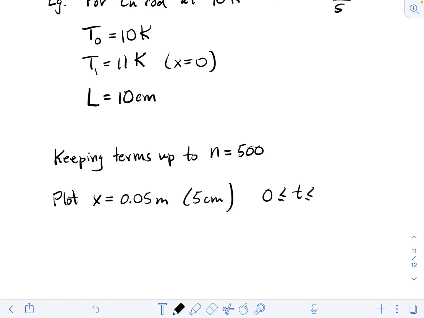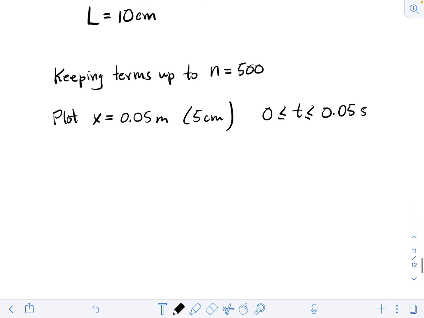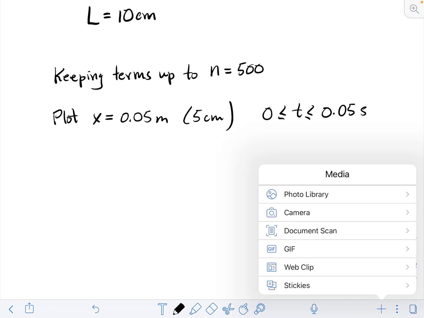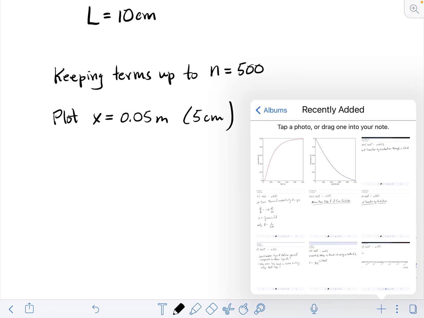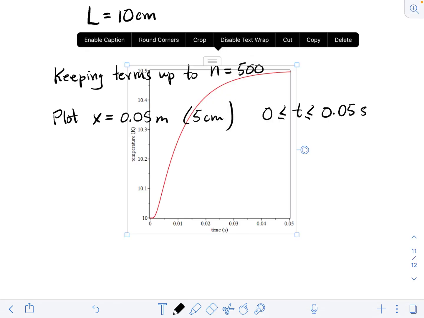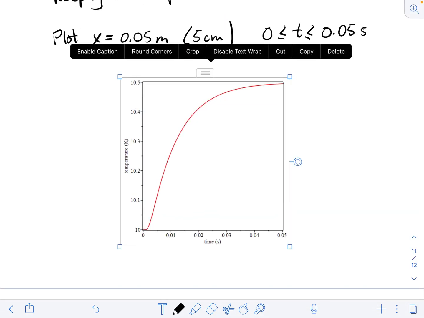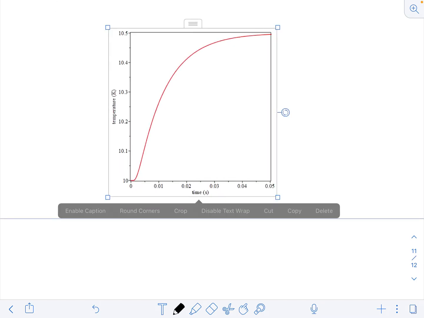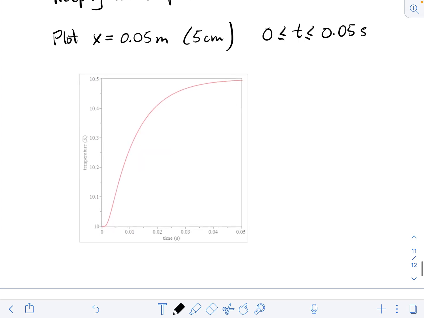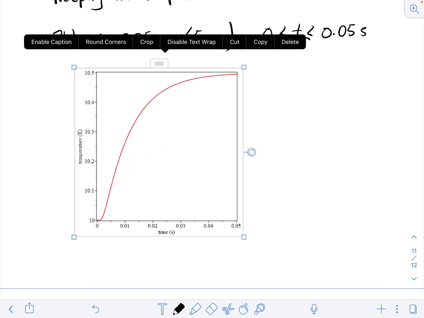And this is for times between 0 and 50 milliseconds. And so let's see if I can add this plot in. Okay. And so there it is. I'm just going to see if I can make it slightly bigger.